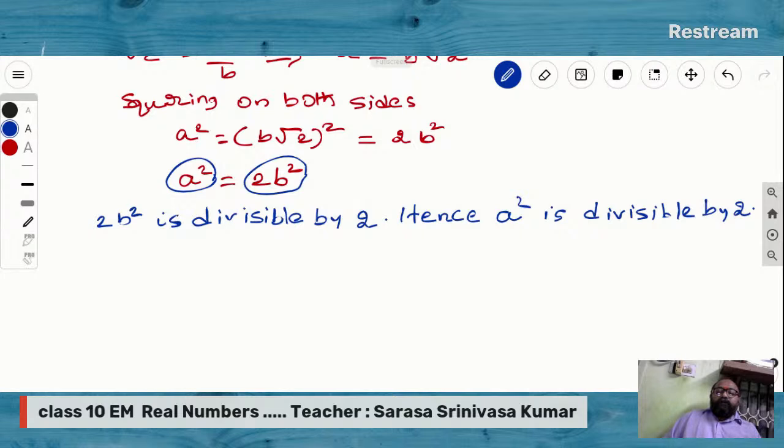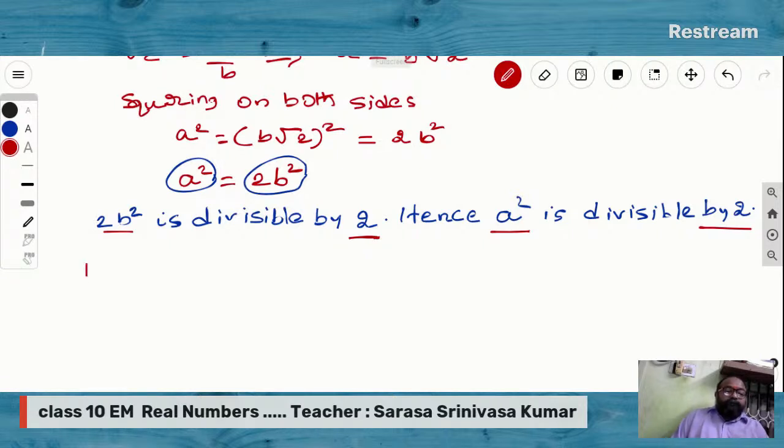Hence A square is divisible by 2. Because if the right hand side is divisible by 2, then the left hand side is also divisible by 2. Why is the right hand side divisible by 2? Because 2 is there on the right hand side. When 2 is there on the right hand side, we can say that it is divisible by 2.